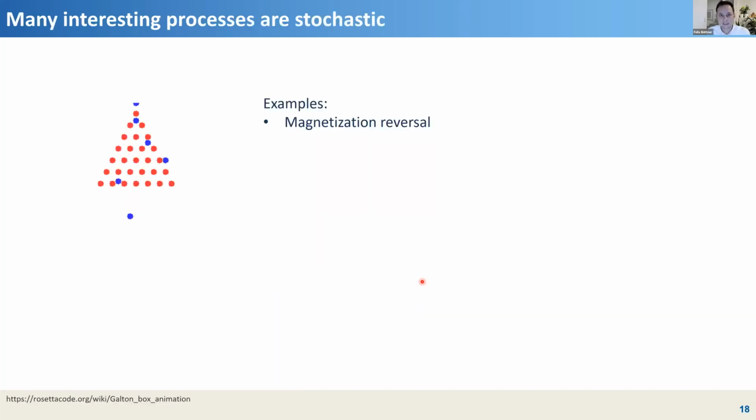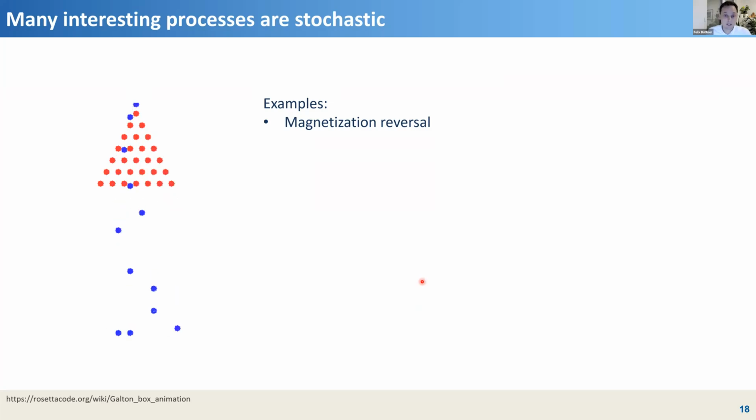First of all, why are we so interested in these fluctuation states? It's not only because of the example that I showed before, but it's very generally interesting in the field of magnetism and much beyond. For example, in magnetism, we have stochastic processes in the magnetization reversal if you are nucleating and propagating domains.